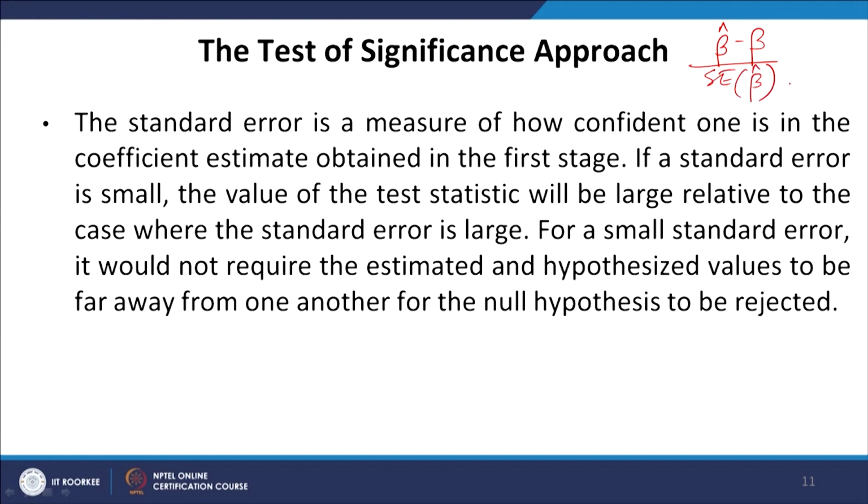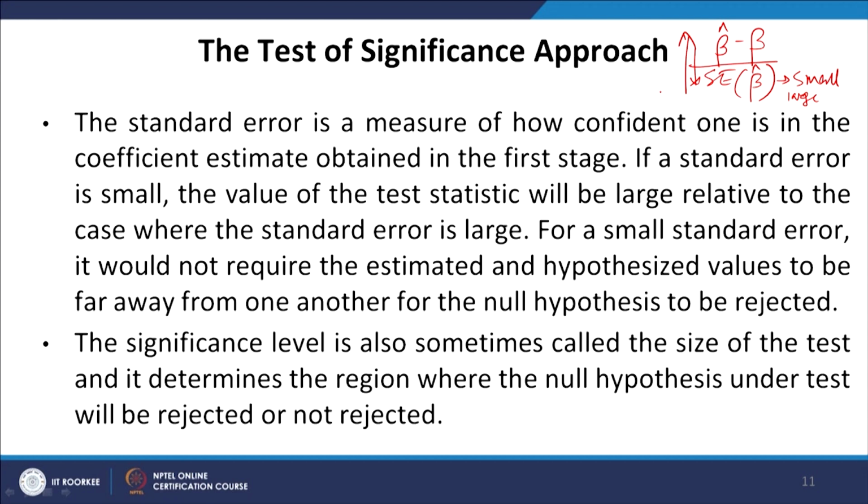So, if standard error of beta hat is small, then this entire thing is large. Alternatively, if standard error of beta hat is large, then the entire thing becomes small, right. So, that is what is being mentioned here, that for a small standard error, it would not require the estimated and hypothesized values to be far away from one another for the null hypothesis to be rejected.